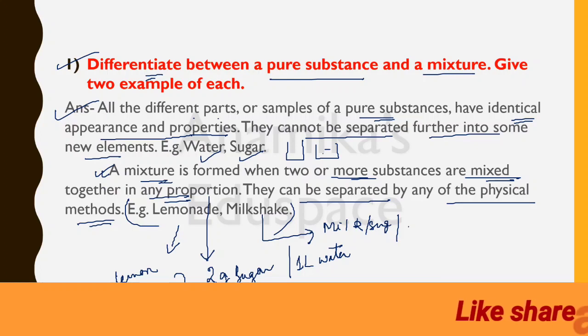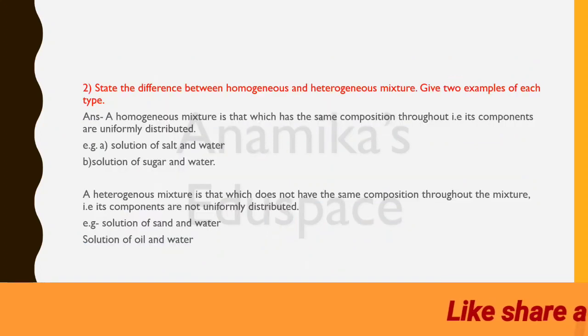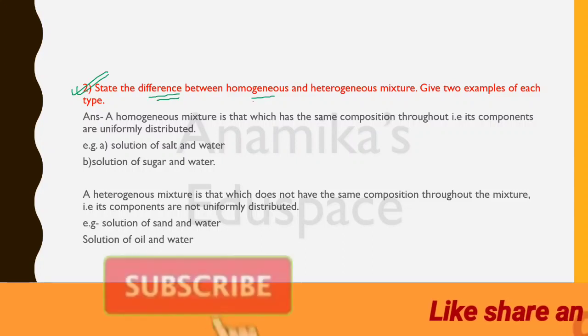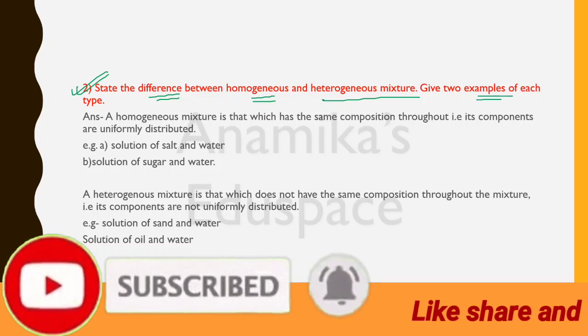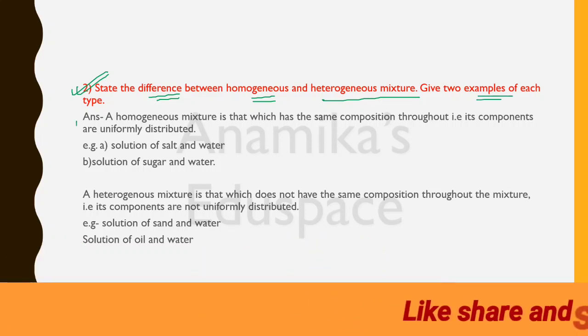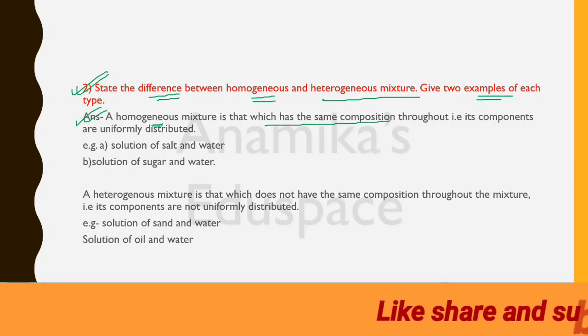Now moving to the next question. Now coming to the second question. State the difference between the homogeneous and heterogeneous mixture. Give two examples of each type. The answer goes as: a homogeneous mixture is that which has the same composition throughout its mixture.